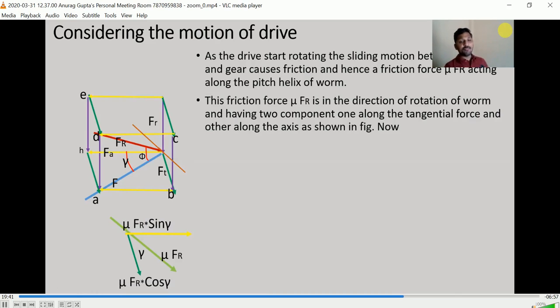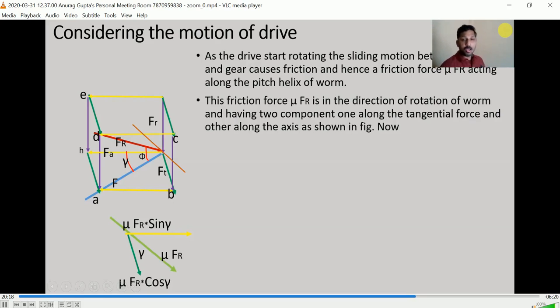The component in the axial direction will oppose the axial force which is exerted in the static condition, but the component of the friction force in the tangential direction will act along the tangential force which was exerted when the drive is in static condition. So this is the direction of friction force in the axial direction, and this will be the direction of friction force in the tangential direction.